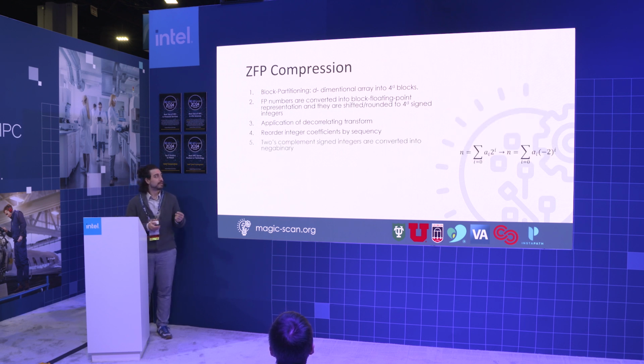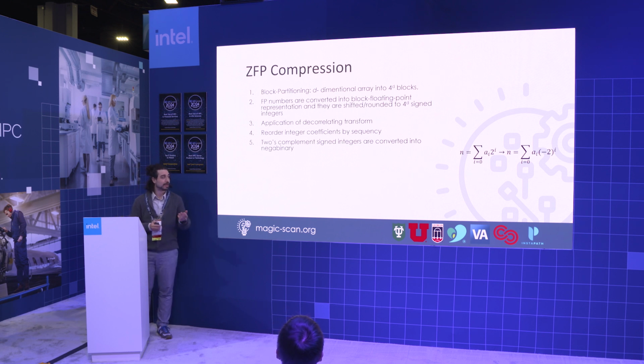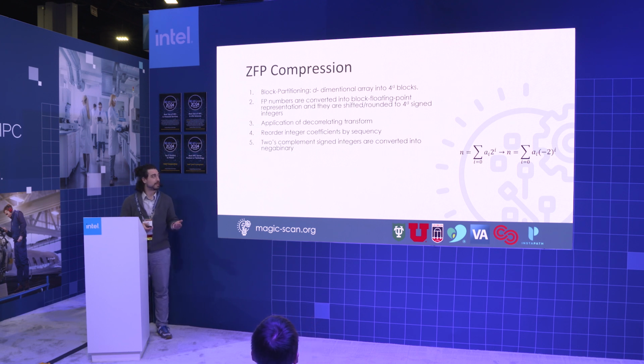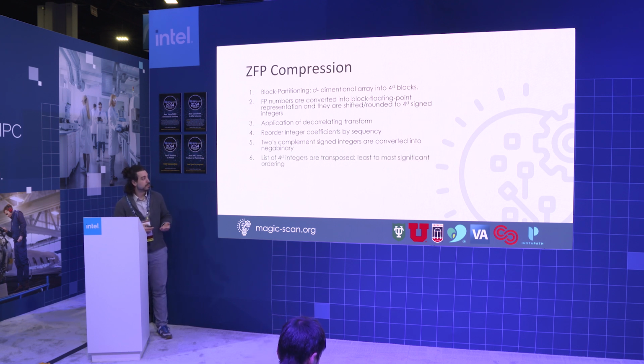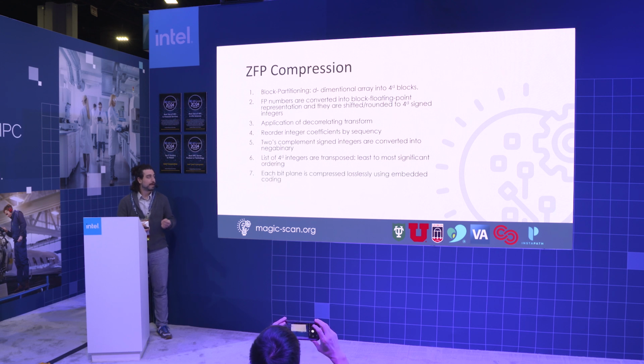And then there is a conversion from signed integers to negabinary representation. In this representation, instead of using base 2, we use -2 as a base. After that, we transpose the numbers to have a list in most significant bit ordering. And then each bit plane is compressed losslessly using embedded coding.